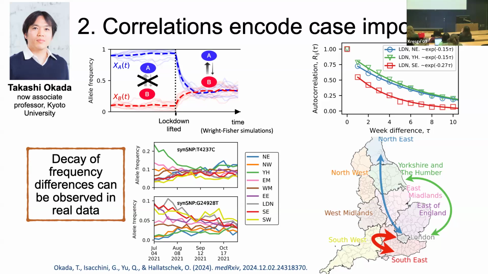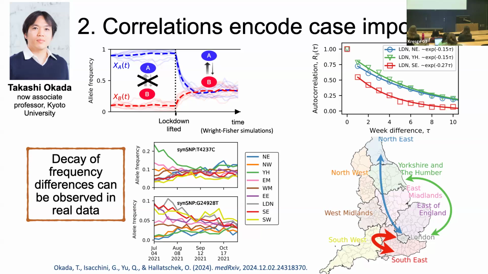So it's kind of asking how correlated are... R_ij looks at the frequency difference of a given variant between regions I and J, averaged over all variants.